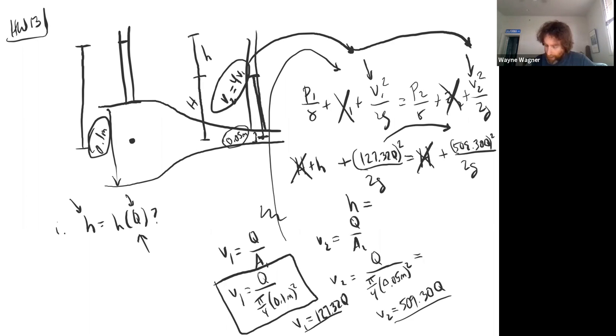And I'm going to divide by 2 and divide by G, 9.81. And I get this massively ridiculous number. H equals 12394 Q squared. Okay. Now I have to remember the units, which I kind of forgot about here.